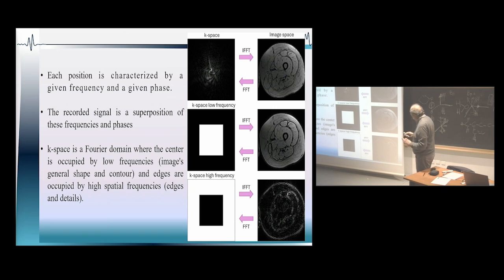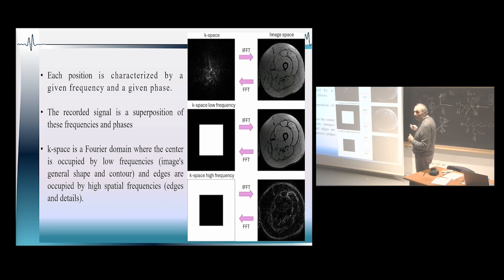So just to finish, this is an example of the entire K-space. K-space, as I said to you, is not related to the image directly. It's related to the frequencies and the phases of all the voxels. So if you get this entire K-space in here, and you do the Fourier transformation, you will get the image.